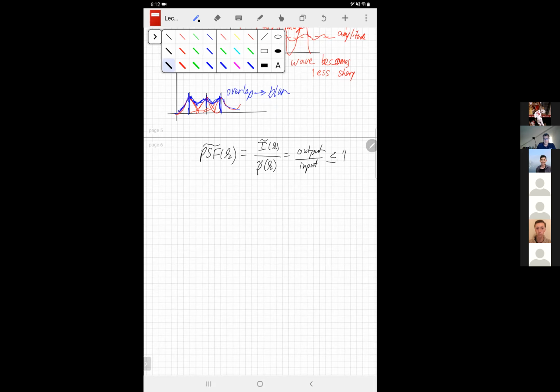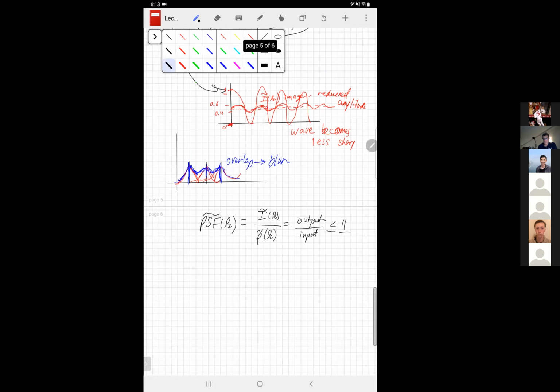It's got to be less than or equal to 1. So if it is less than 1, you're losing a little bit of sharpness.